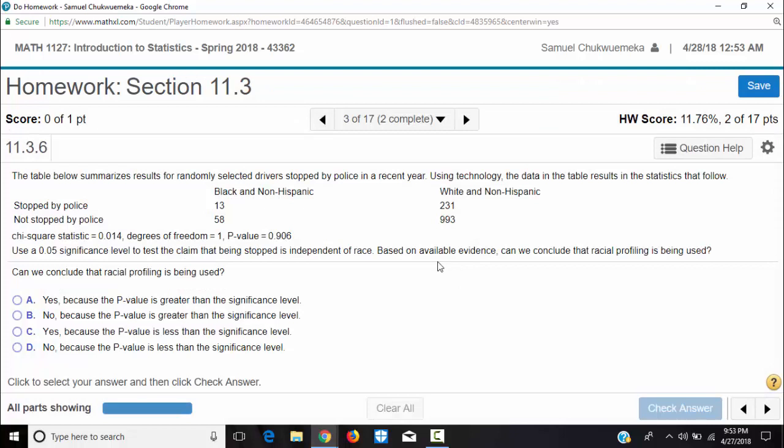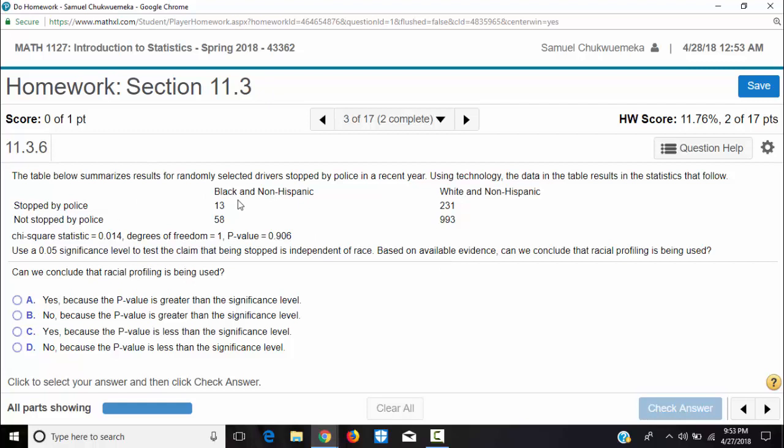Question 3. The table below summarizes results for randomly selected drivers stopped by police in a recent year. Using technology, the data in the table results in the statistics that follow.